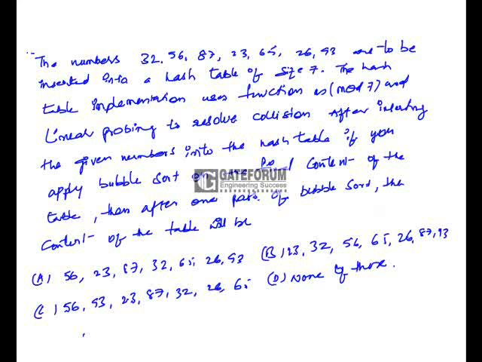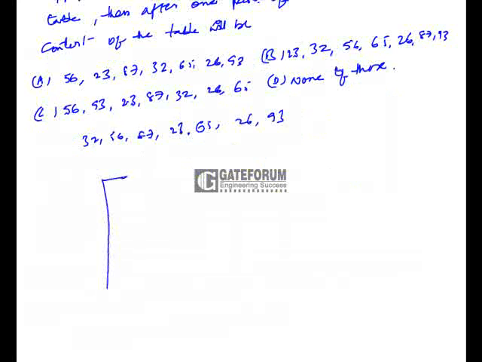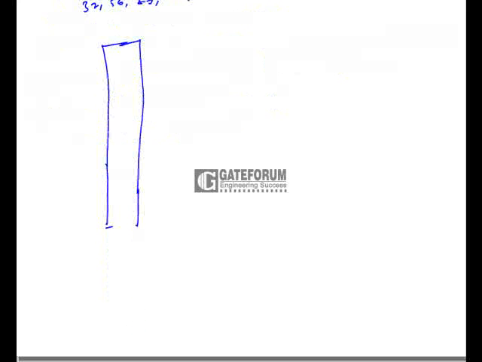Here the elements are 32, 56, 87, 23, 65, 26 and 93. Total 7 elements are there, and these 7 elements are inserted into a hash table of size 7. The given size is 7, positions 0, 1, 2, 3, 4, 5, 6.